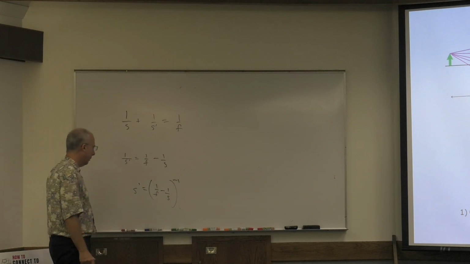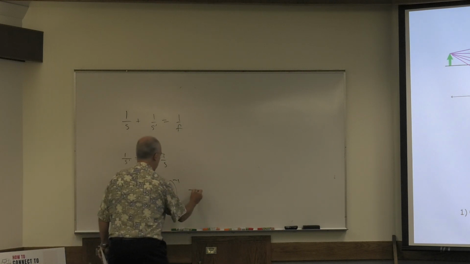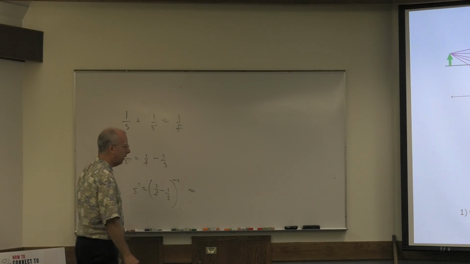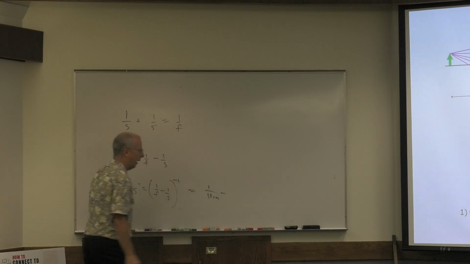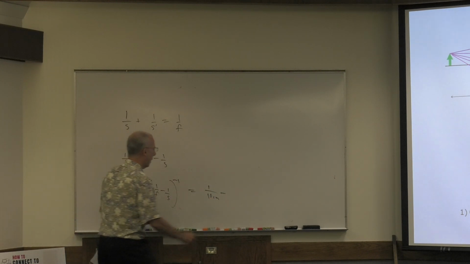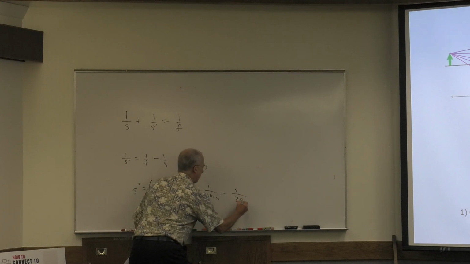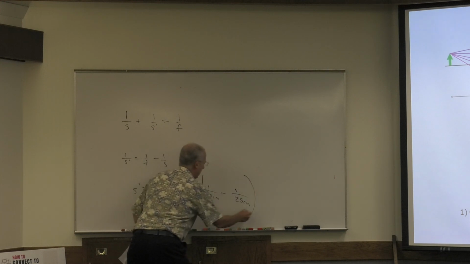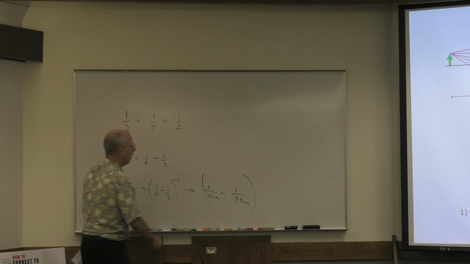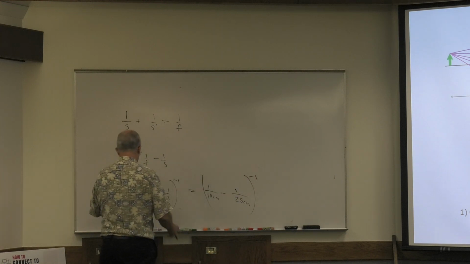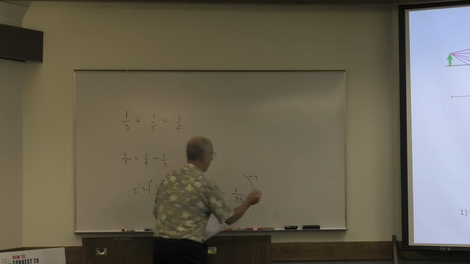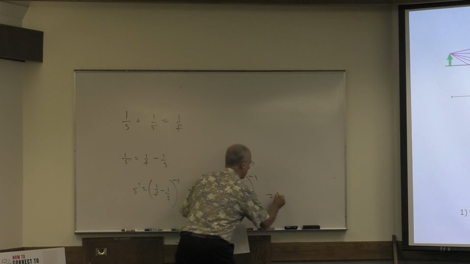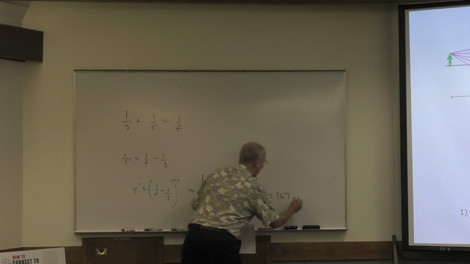You just flip it. For this one, the focal length is 10, so we have 1 over 10 centimeters, and s is 25, so minus 1 over 25 centimeters. You figure that out with your calculator, then you just flip it. When I did that, mathematically I came up with 16.7 centimeters.